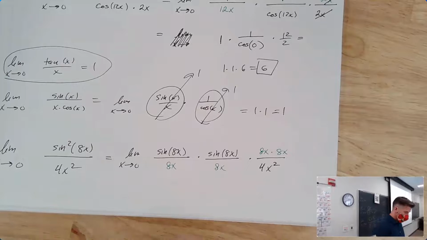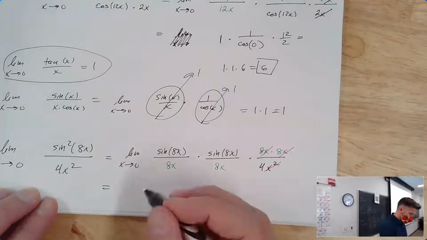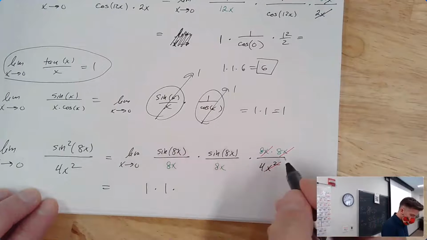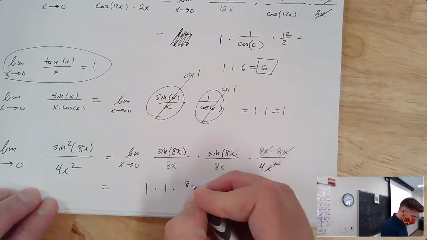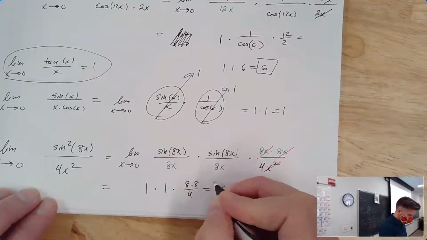And then, if we simplify things, the x's cancel. And I'm left with the limit of that's 1, the limit of that's 1, and that is the constant 8 times 8 divided by 4, which is just 8 times 2, which is 16.